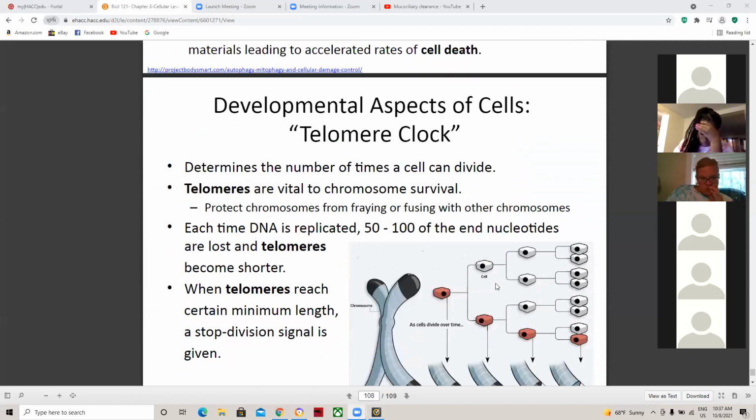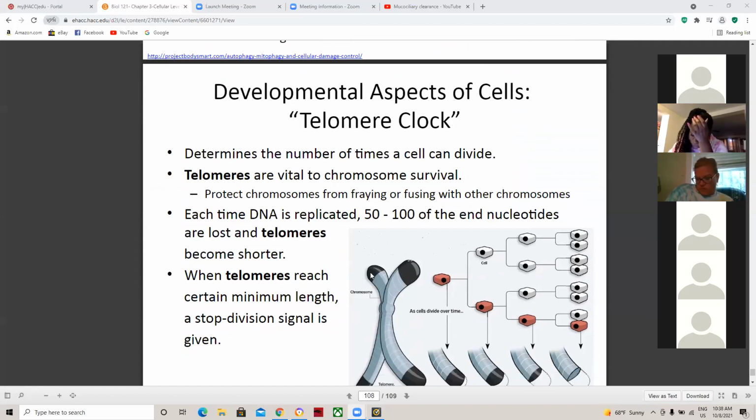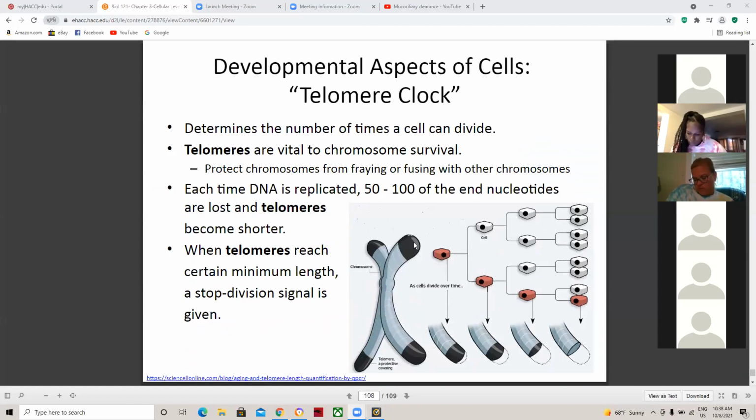Another thing that can be involved in the aging of cells is what's called the telomere clock. Telomeres are found on the ends of the chromosomes. They protect the chromosomes from getting frayed at the ends or fusing with other chromosomes.